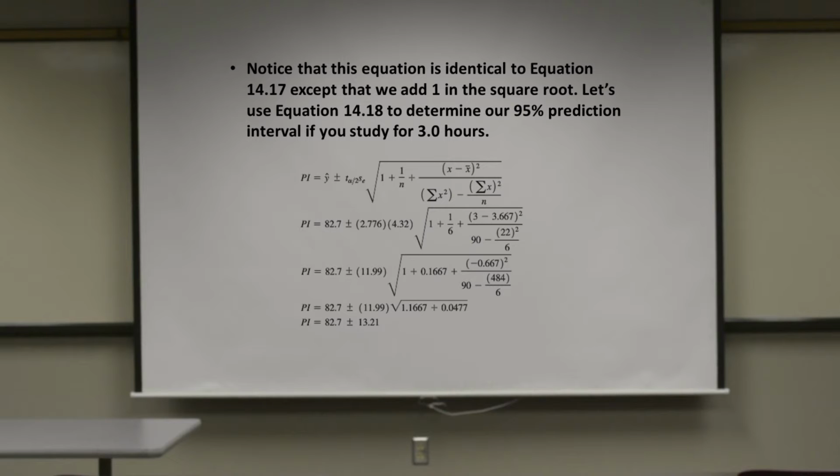Notice that this equation is identical to equation 14.17, except that we add 1 in the square root. Let's use equation 14.18 to determine our 95% prediction interval if you study for 3 hours.